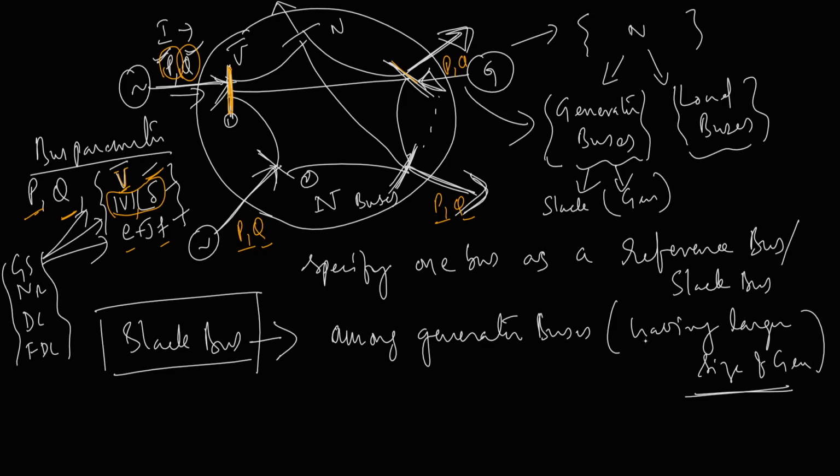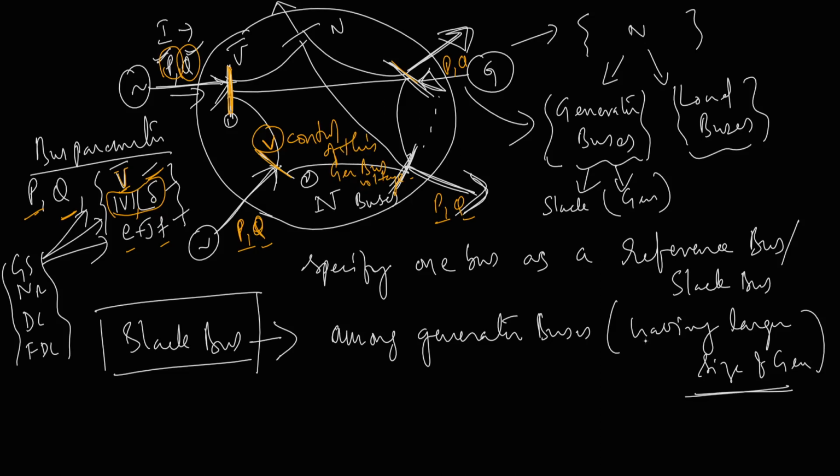But actually, if we specify the power P and Q at generator buses, then we don't have control of this generator bus voltage.